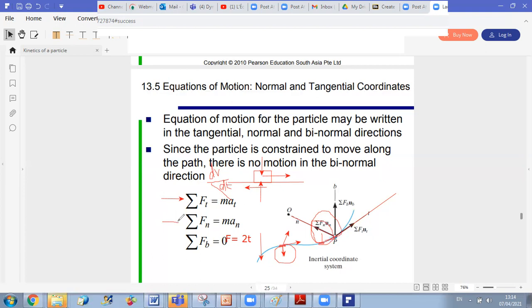So sum of forces along n is equal to MAN, and AN can be calculated as V square over rho. And finally, we have that sum of forces along B is equal to 0. This is the third relation along UB, since no motion along UB.